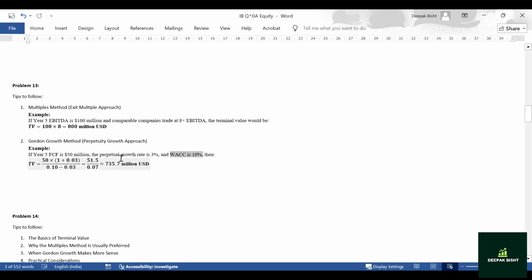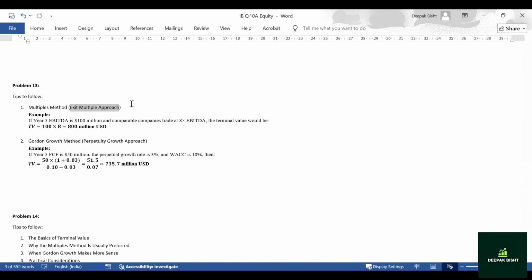The pros, the upsides, are that it's theoretically grounded and useful for mature companies with stable growth. If it's a company like Tesla or Apple, we cannot assume that at the end we can exit those companies because these are very large corporations valued in trillions of dollars.